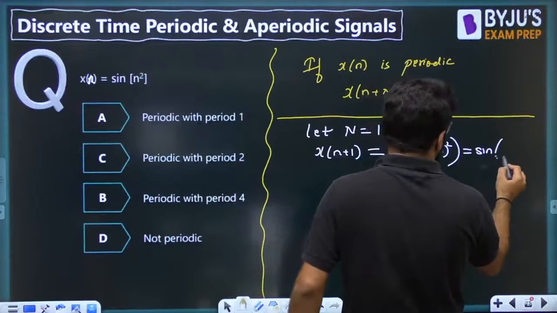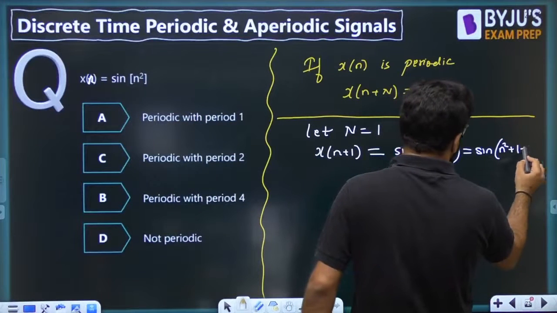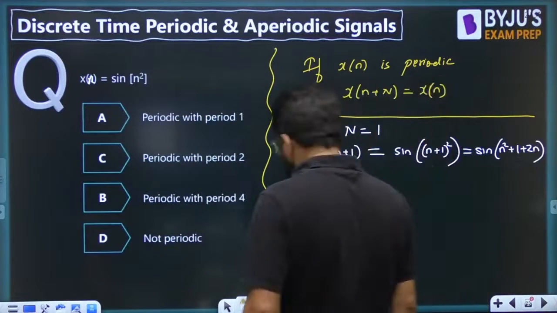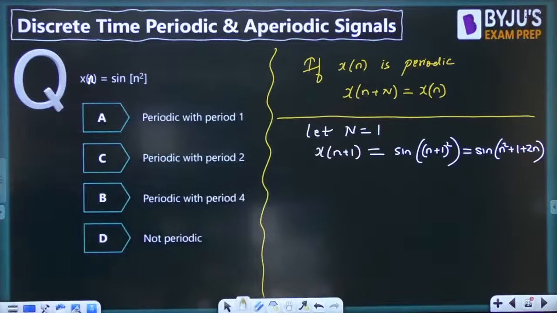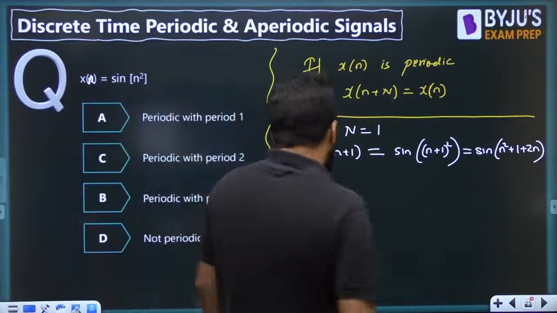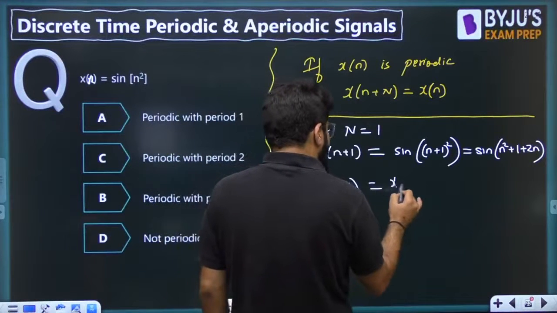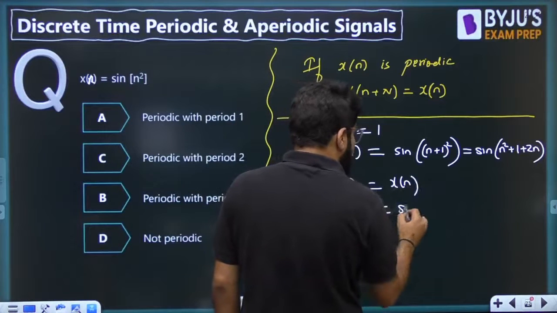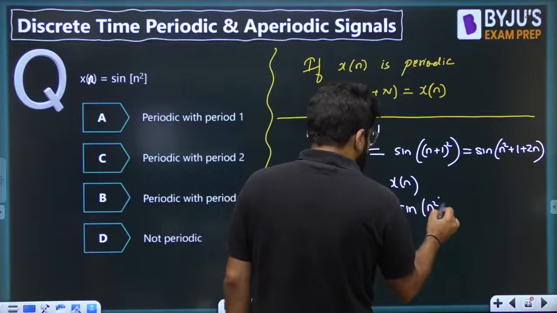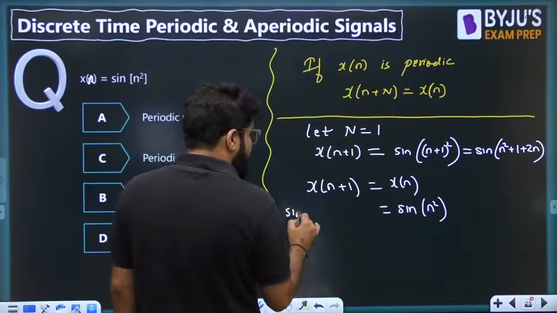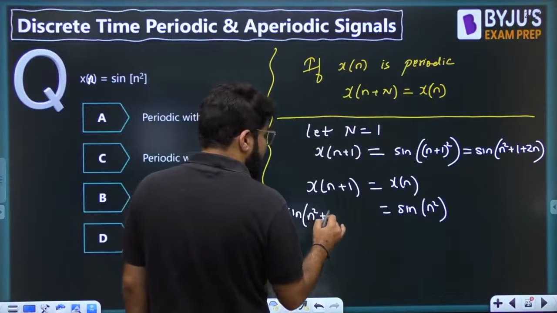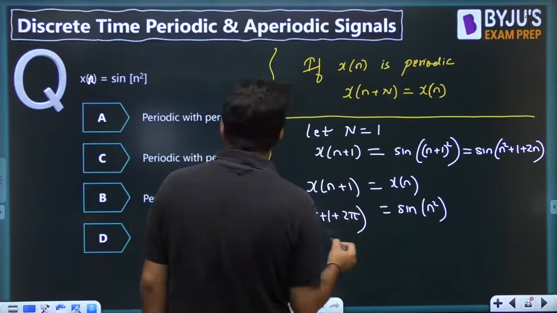This is equal to sin of n square plus 1 plus 2n. Right. Now, is x of n plus 1 equal to x of n? What is x of n? Here it is sin of n square. What is on the left hand side? Sin of n square plus 1 plus 2n.